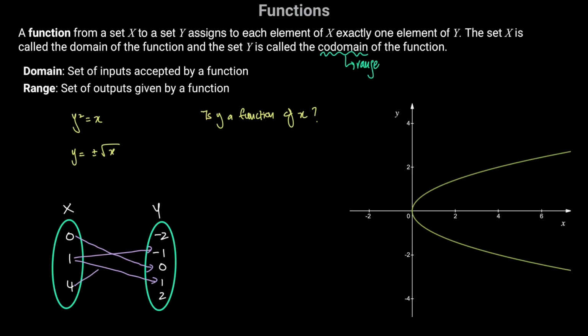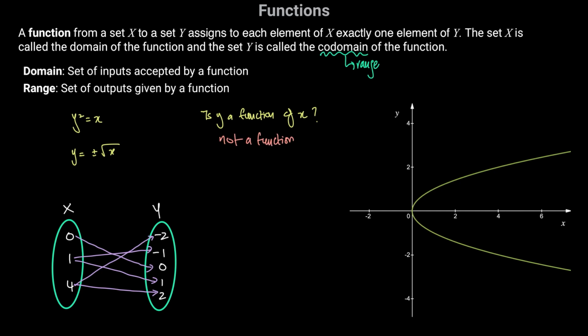So when the input x is equal to 4, we can get two possible values for the output y. Similarly, when the input x is 1, we can get two possible values for the output y, negative 1 or positive 1. So this over here is not a function.